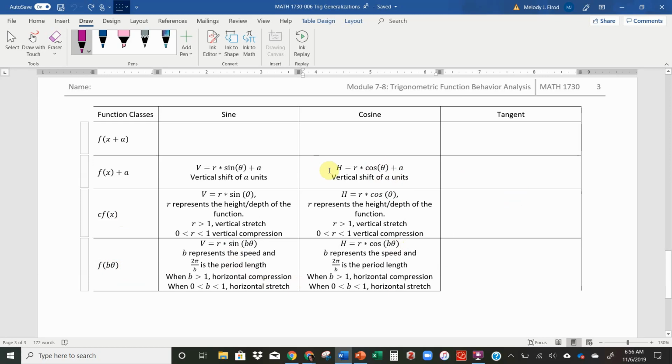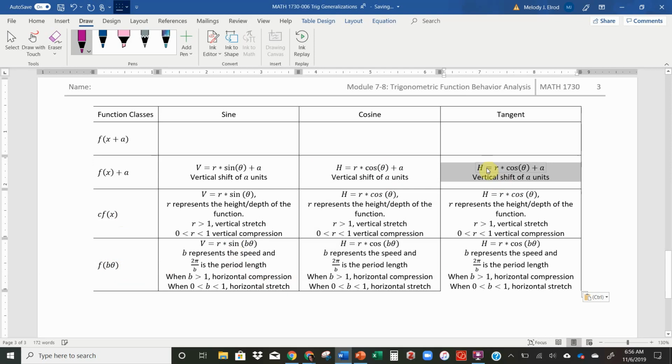And if we were to take this information and copy it over into the tangent function column, everything would be the same, except of course we would need to change these to tangent information.